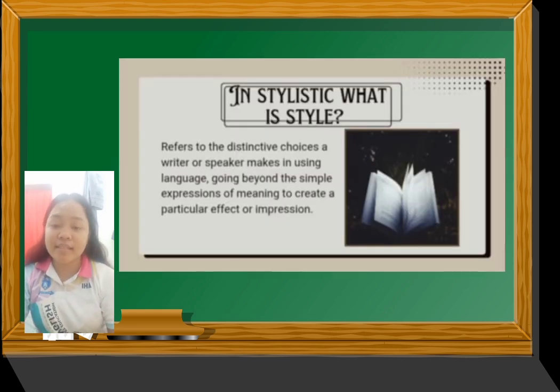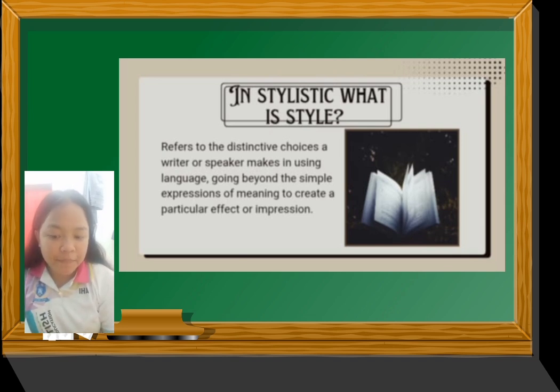So, what is style in stylistics? In stylistics, style refers to the distinctive choices a writer or speaker makes in using language, going beyond simple expression of meaning to create a particular effect or impression.